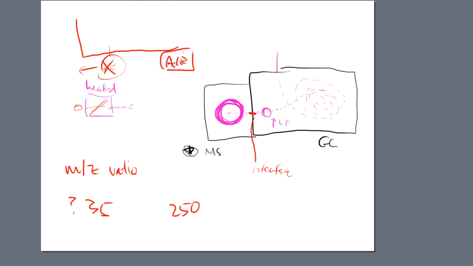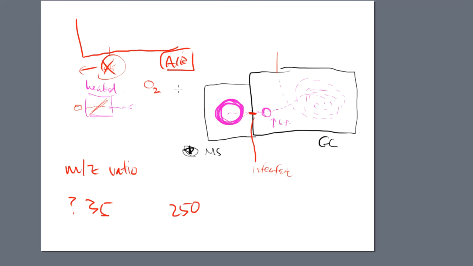So the trick that we play here is that the lower M to Z value range, that 35 mark, is set for one reason. The components of air, what are they? Well, you might think O2, oxygen gas, because that's what we breathe. Okay, well, good for you.